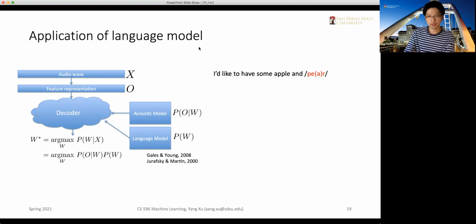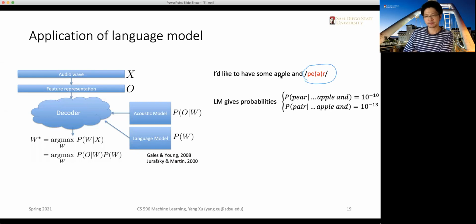I'd like to have some apple and pear, right? But the audio representations for these words actually don't differentiate two possible words for the sound pear, right? It could be the fruit pear or it could be the noun pear.